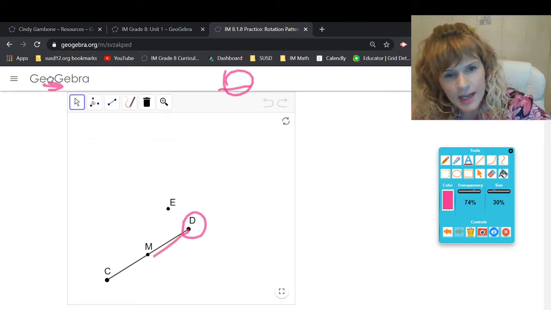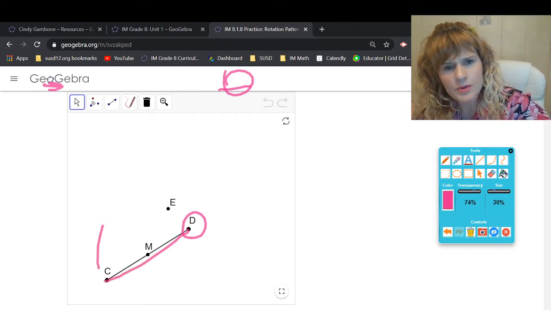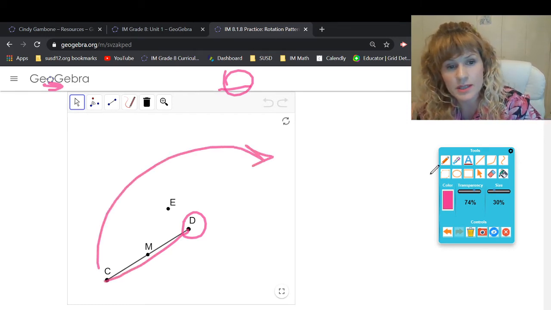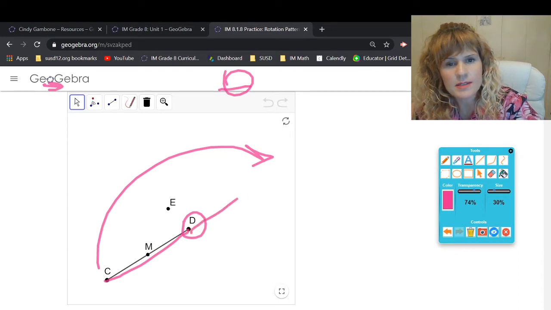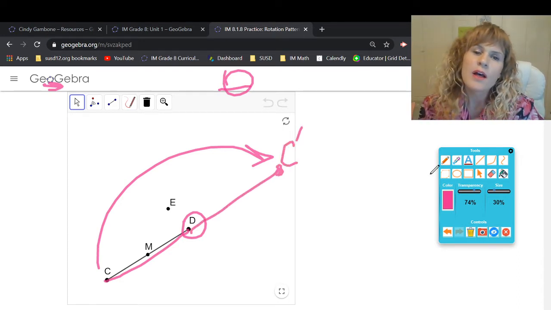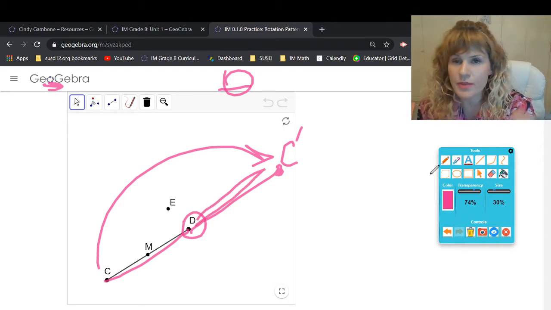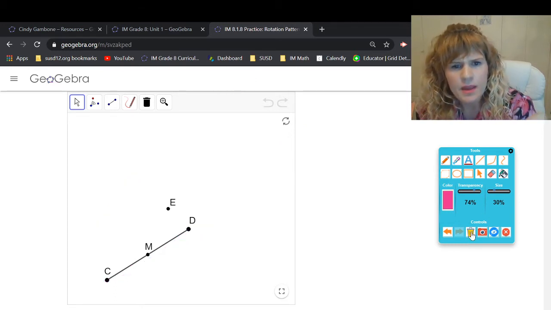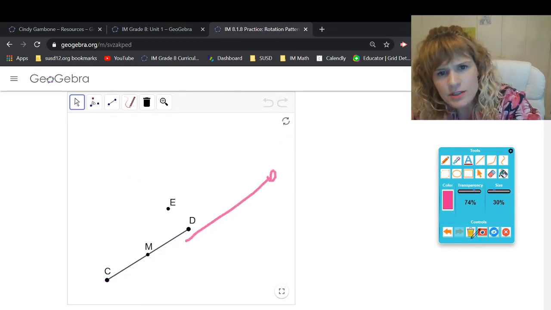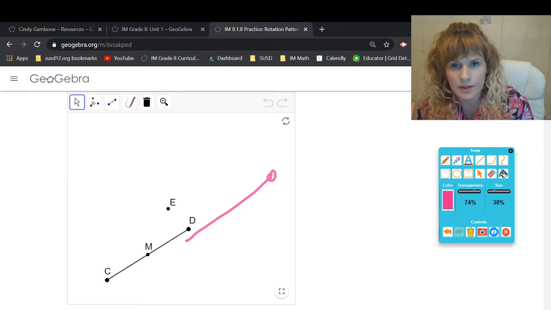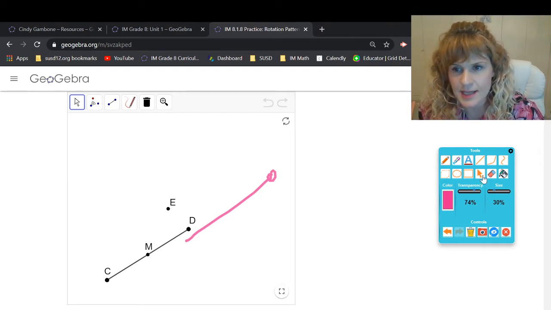Well, if it's a line segment and you rotate 180 degrees, then C prime is going to end up way over here. The image is in line with the original line segment. Let me say that again. The image is in line with the original line segment.